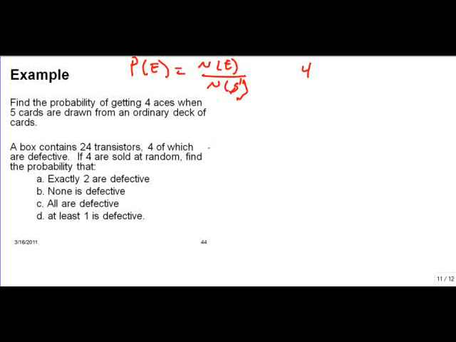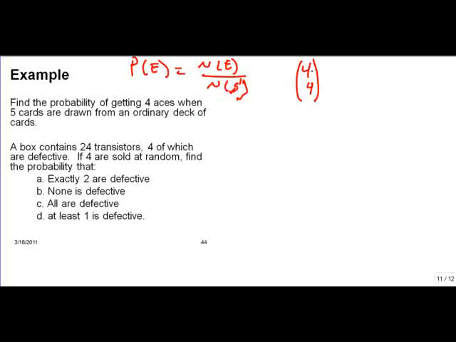Does the order matter in how we get these aces? The answer is no. So there is 4 choose 4 ways of getting an ace, which is going to equal 1. And then we have one other card remaining.